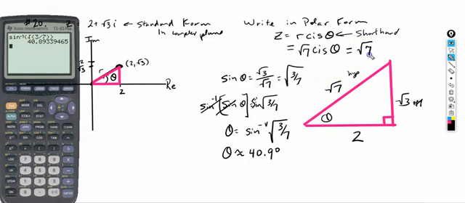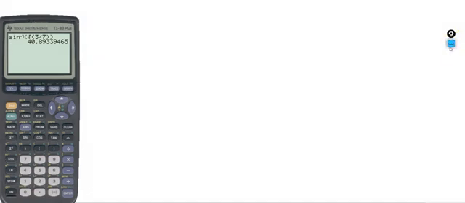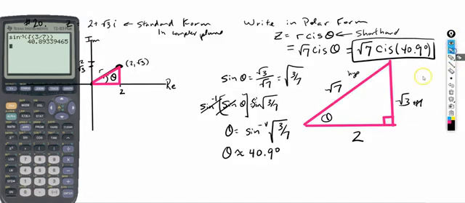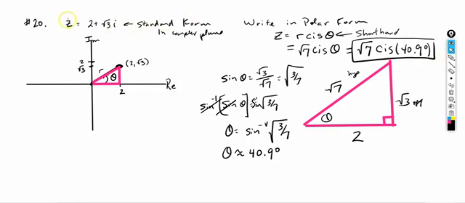It's going to be the square root of 7 times cis of 40.9 degrees. That is the polar form of this complex number z equals 2 plus the square root of 3 times I.